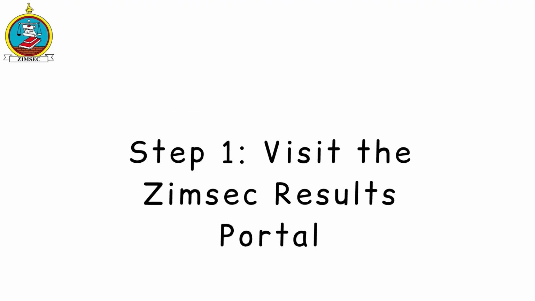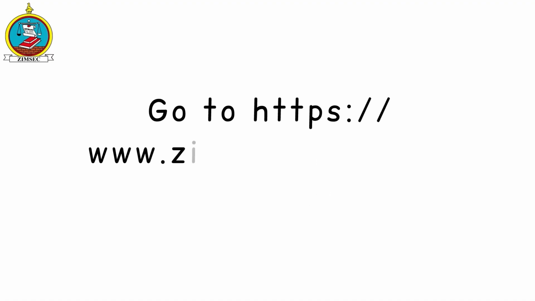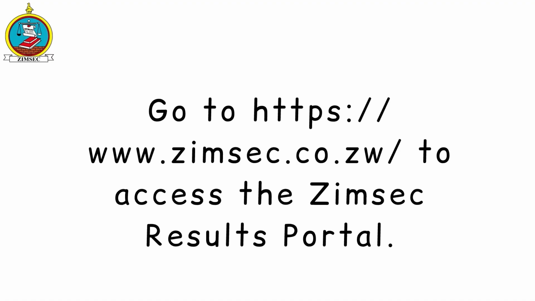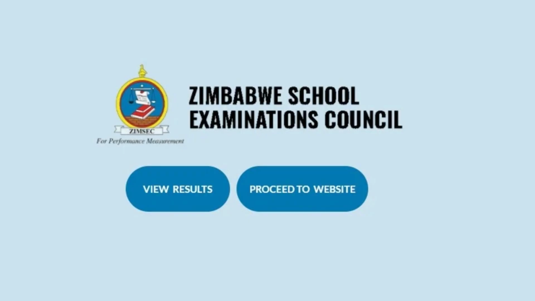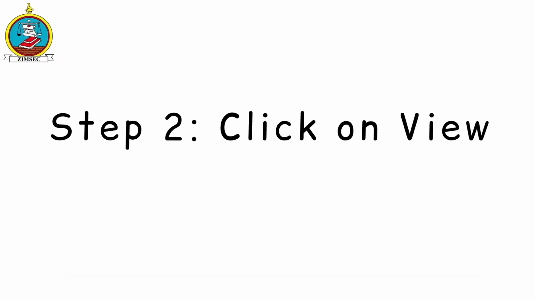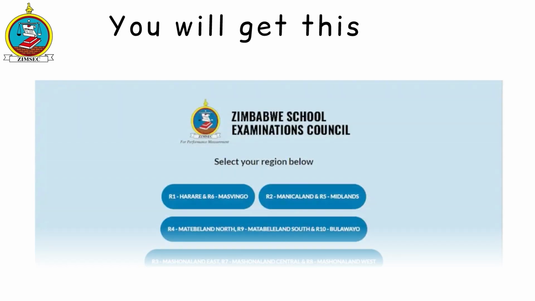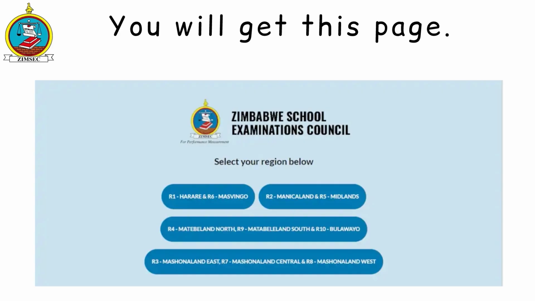Step 1, visit the ZIMSEC results portal. Go to this link that I just put up there, and then you will find this page. Step 2, click on view results. You will get this page.